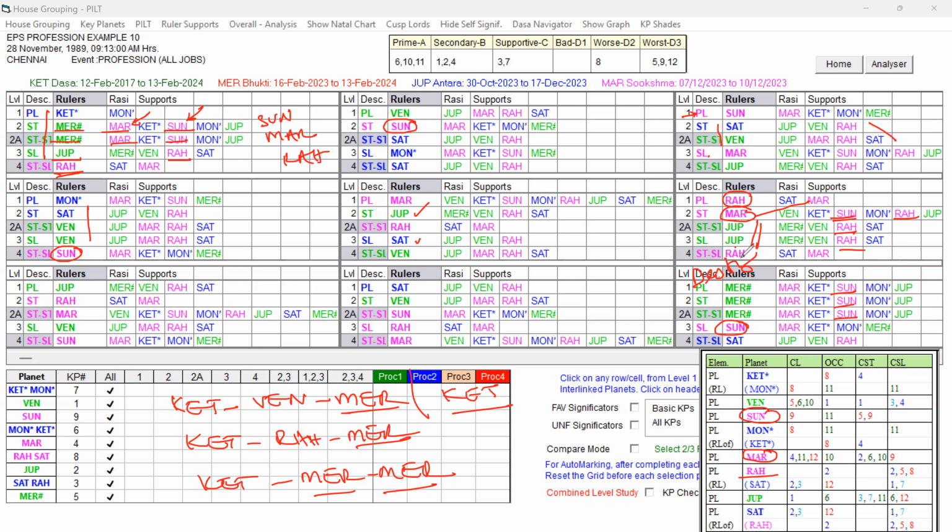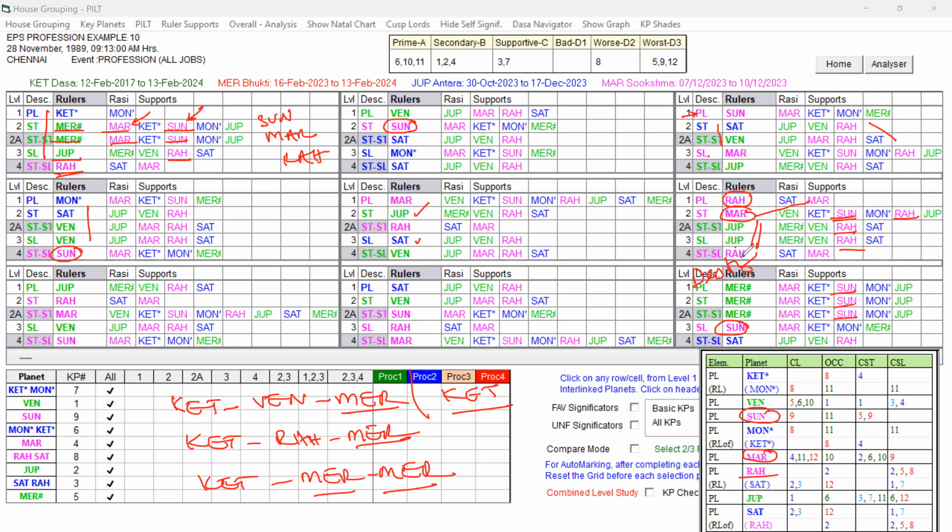So that way, you see that the native got Venus Bhukti, Mercury Antara; Rahu Bhukti, Mercury Antara; and Mercury Bhukti, Mercury Antara itself, right? So the key planets of the Ketu Dasa, that is Rahu, and importantly the planets influencing the Dasa Lord and also the destiny planet, are the Sun and Mars.